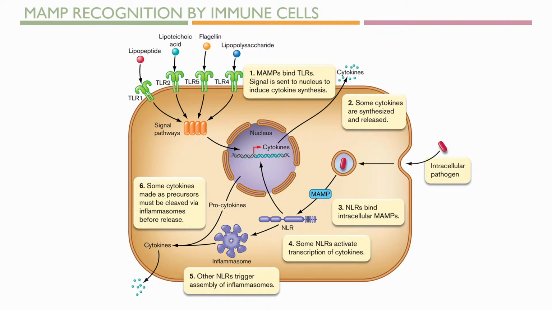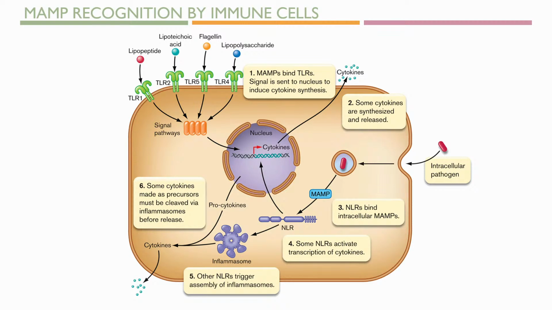If it's something that gets into the cell, then, these are toll-like receptors, and they are on the outside of the cell. Nod-like receptors are for intracellular pathogens. That's the difference there. Here we have the pathogen coming in.